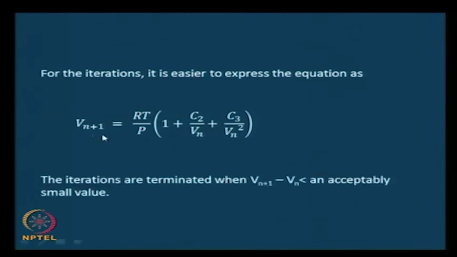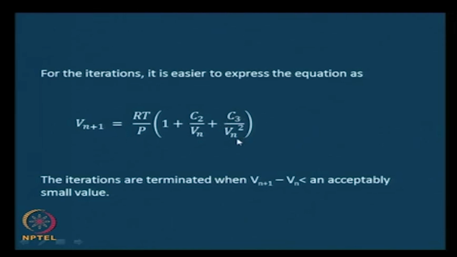Let me also mention that it is easiest to do these iterative calculations by using a program, and to write the equation in a form that can be converted into a program for easy calculations. We write it as Vn plus 1 equals RT by P into 1 plus C2 by Vn plus C3 by Vn squared.